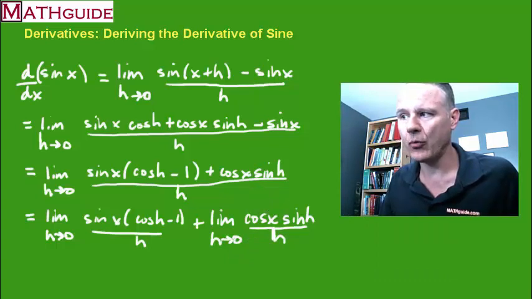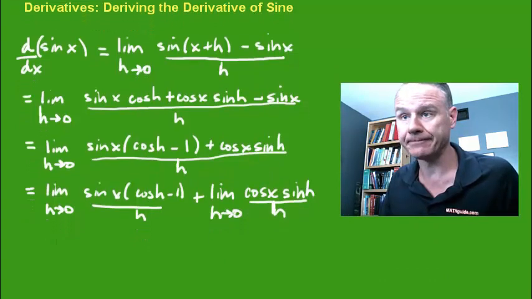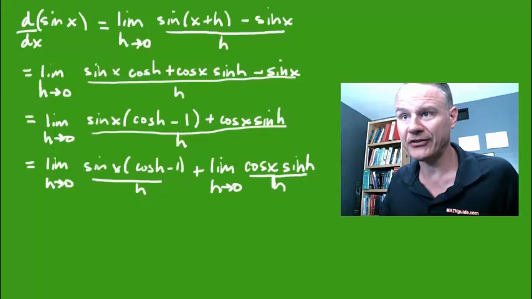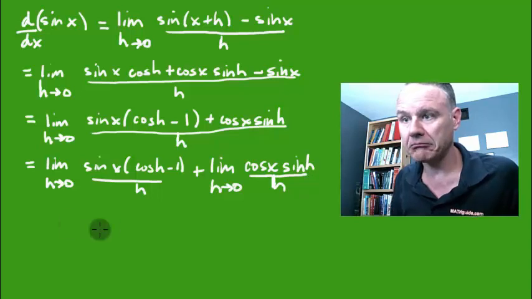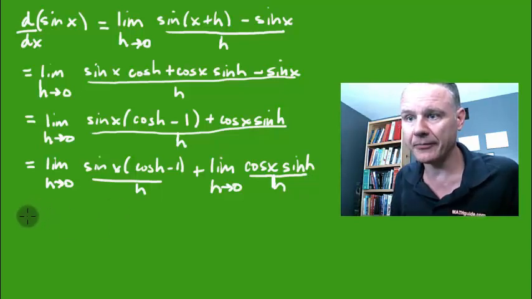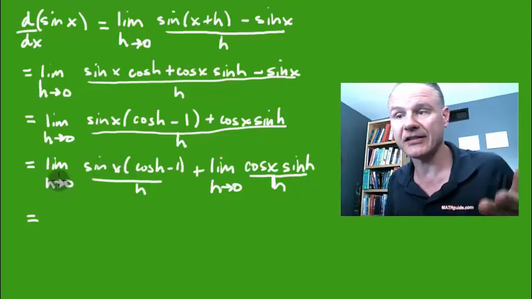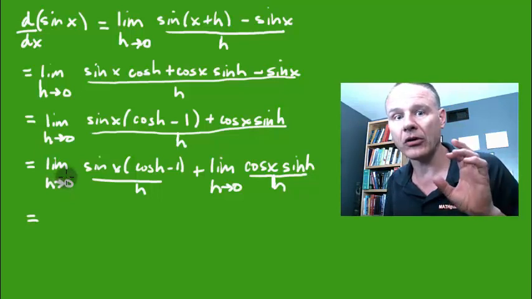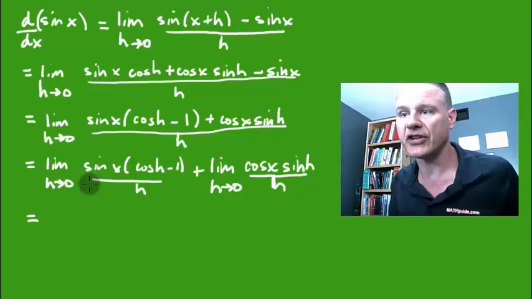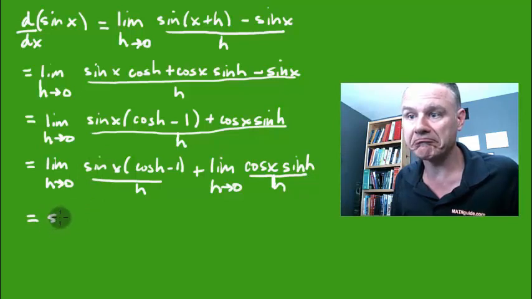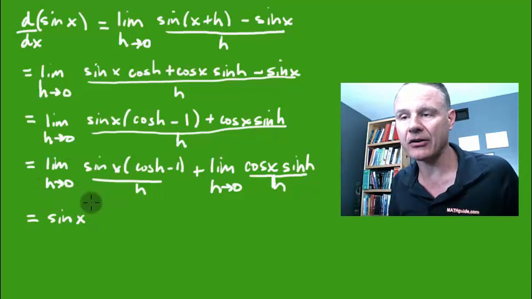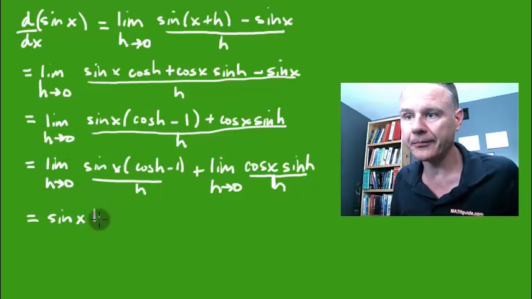I'm going to need more space, so I'm going to scroll down a little bit. Sometimes the math here gets a little fun. Let's deal with this first limit. Here I've got the sine of x. Notice how this has nothing to do with the h, the variable that we're allowing to drift closer and closer to 0. The sine of x has nothing to do with h, so I could take that factor out of the limit.